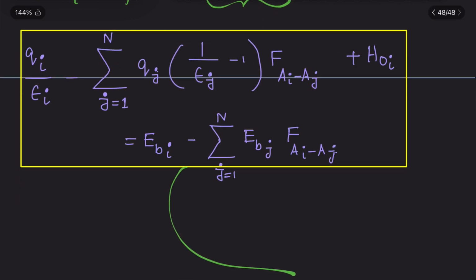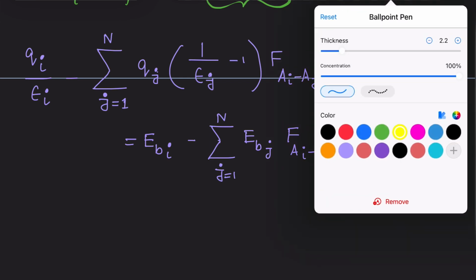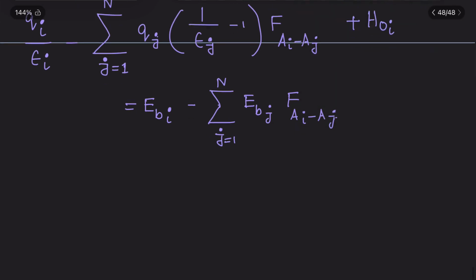I will just remove this and this. So here I need to put epsilon I equal to 1. So let us put that and let us see what we will get.